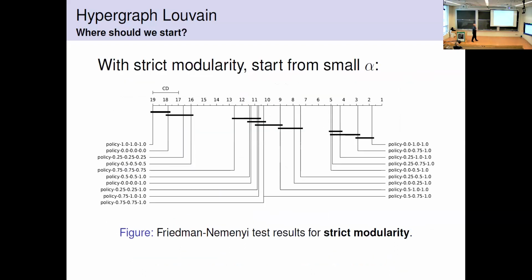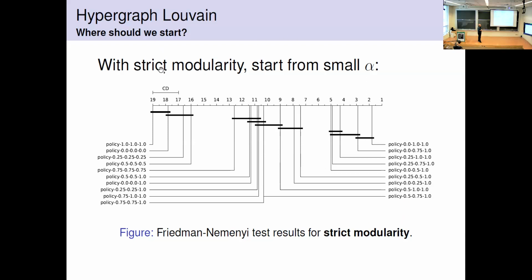Okay, where should we start from? That one is interesting. This is a Friedman-Nemenyi test, but the important thing is that here we're comparing policies. Just think of those as the best and those as the worst, and this black line represents things that are statistically the same, so there's not a significant statistical difference.